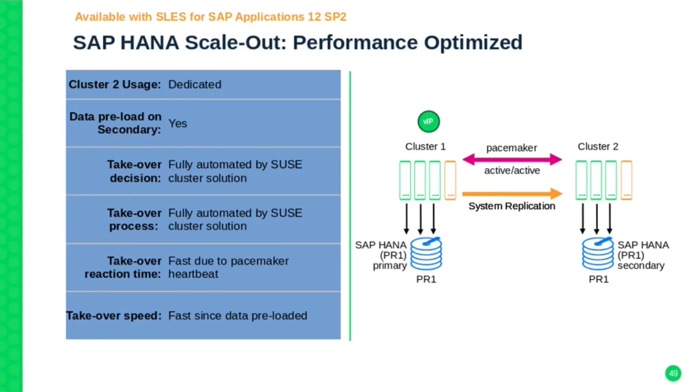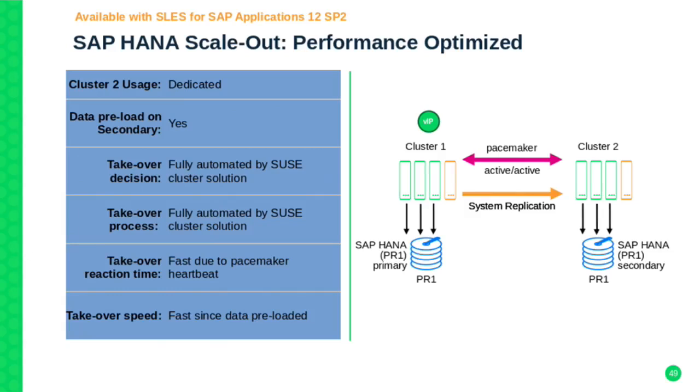You have an active system replication. Data is replicated. The second side has the data all in memory. But what we have in between is a pacemaker, an active setup, which is then used basically to trigger a failover in case a failover happens.